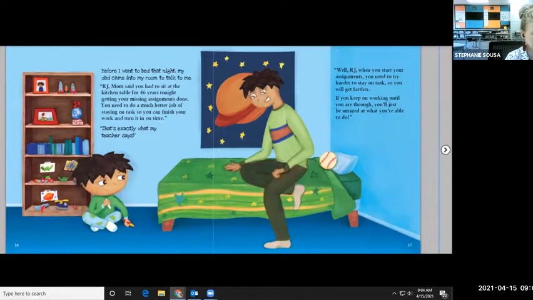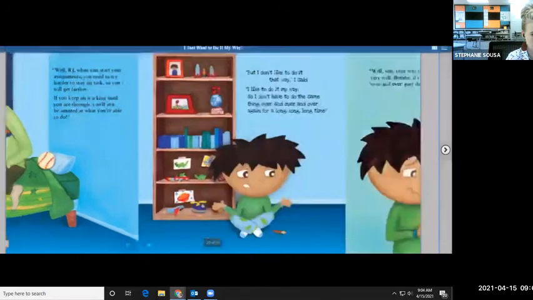That's exactly what my teacher says. Well, RJ, when you start your assignment, you need to try harder to stay on task so you will get farther. If you keep working until you're through, you'll just be amazed at what you can do.